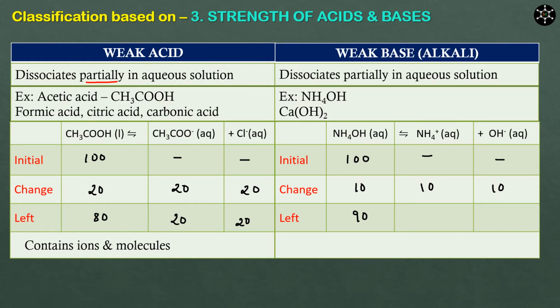Along with these 90 molecular ammonium hydroxide, we will have 10 ammonium ions and 10 hydroxyl ions. So, ammonium hydroxide aqueous solution will have both ions and molecules. Together, weak acid and weak base solutions will have both ions and molecules.